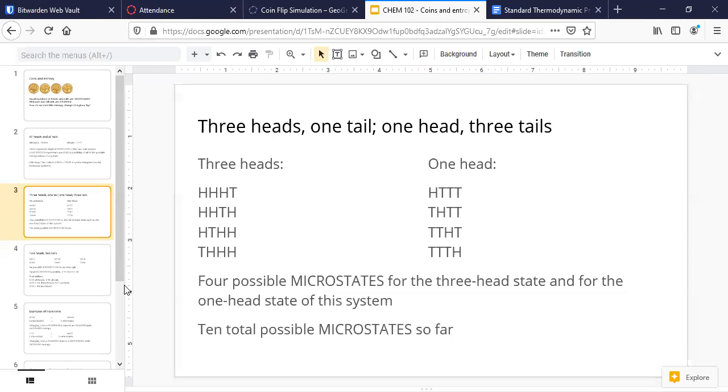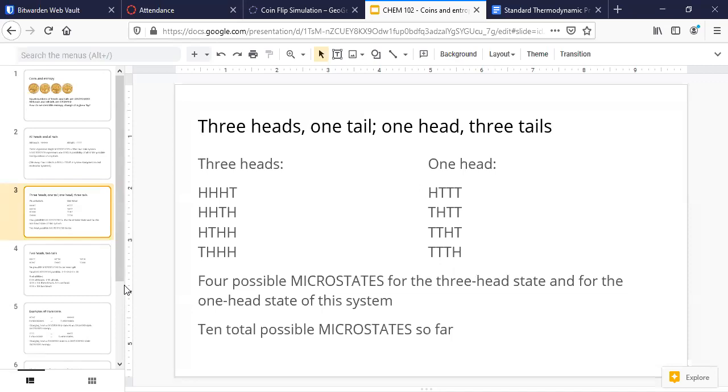And the story for 1 head, pun not intended, is just like it. 1 head can be HTTT or THTT or TTHT or TTTH.